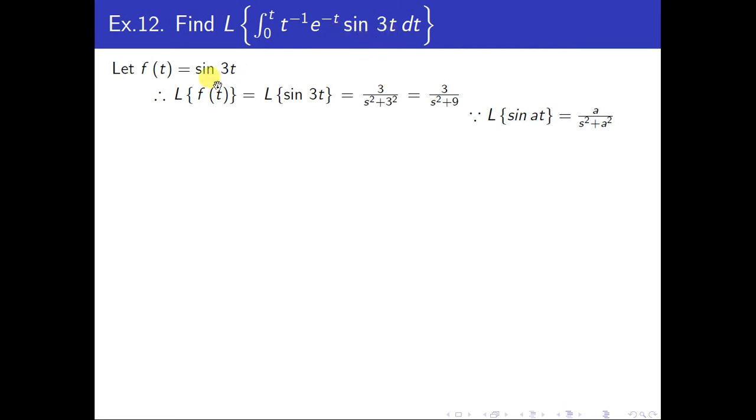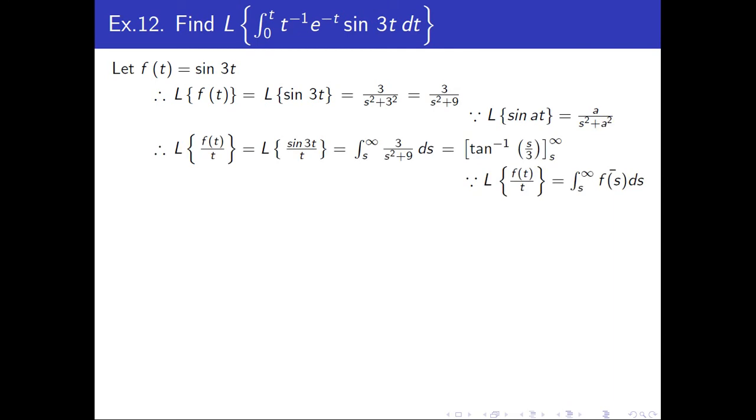Let f of t be equal to sin of 3t, and therefore Laplace transform of f of t is equal to Laplace transform of sin of 3t, which is 3 upon s square plus 3 square, that is 3 upon s square plus 9, since Laplace transform of sin of at is equal to a upon s square plus a square.